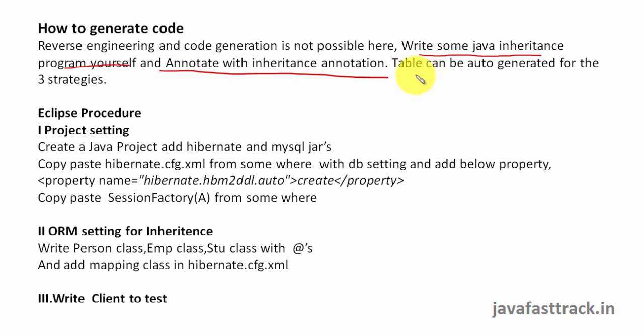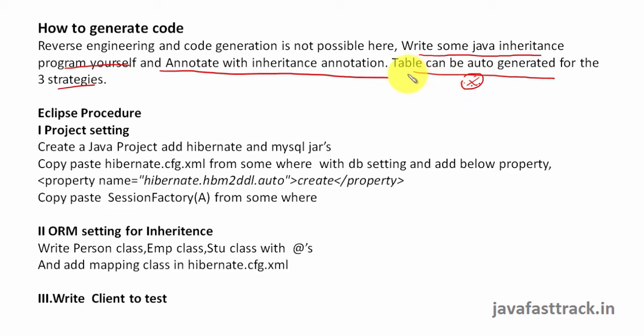The good thing is at least I do not have to create tables. Tables can be auto generated for all the 3 strategies. So this is a very important thing. It's not so easy to sit and create the tables for the 3 strategies. So we do not have any energy right now to sit and create the 3 type of tables.